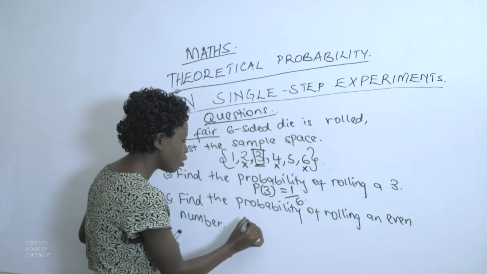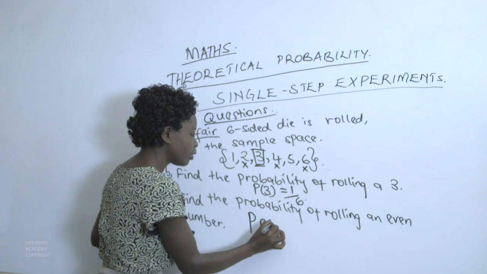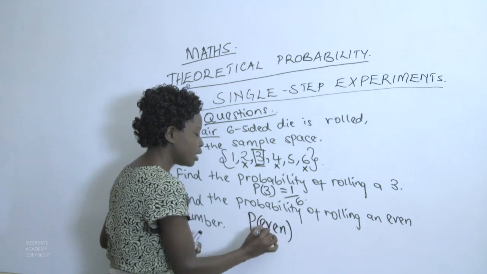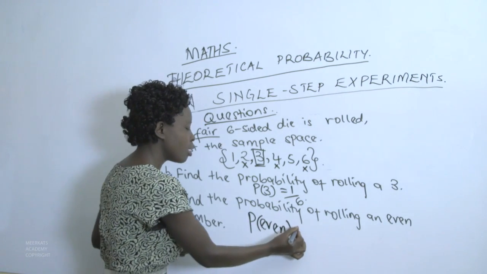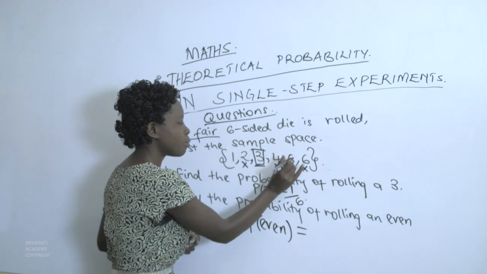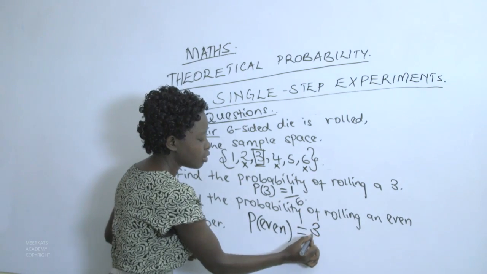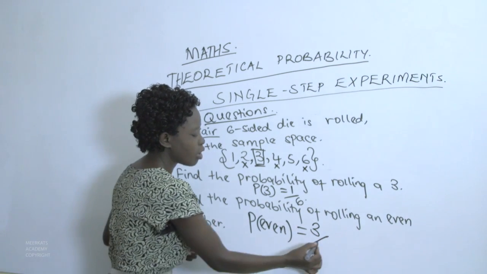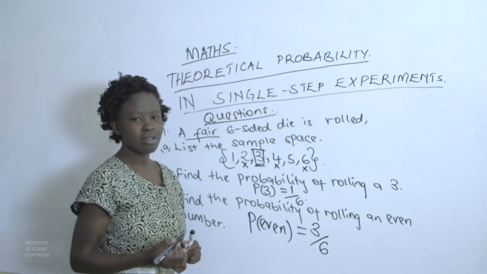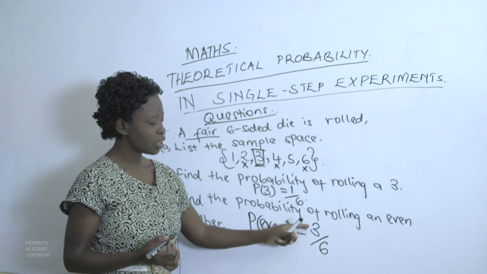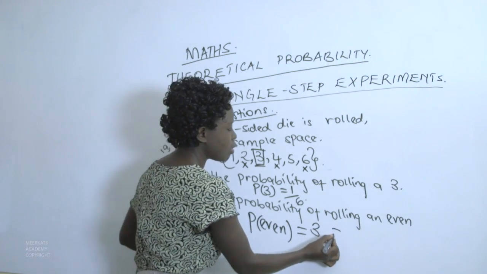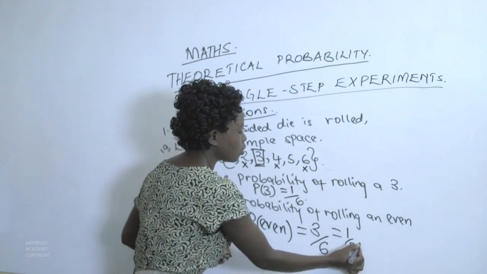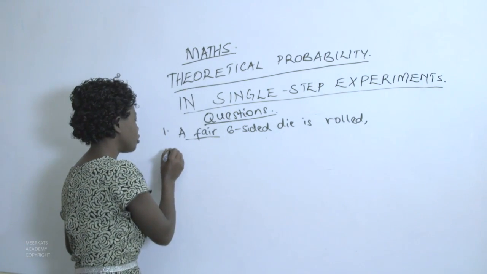So the probability of rolling an even number will be given by the favorable outcomes, which are 3, divided by the total number of outcomes, which is 6. We can simplify our fraction. 3/6 is simply 1/2. Part D of the question.